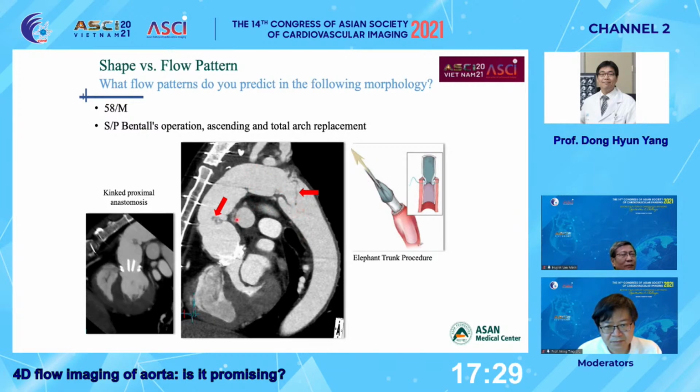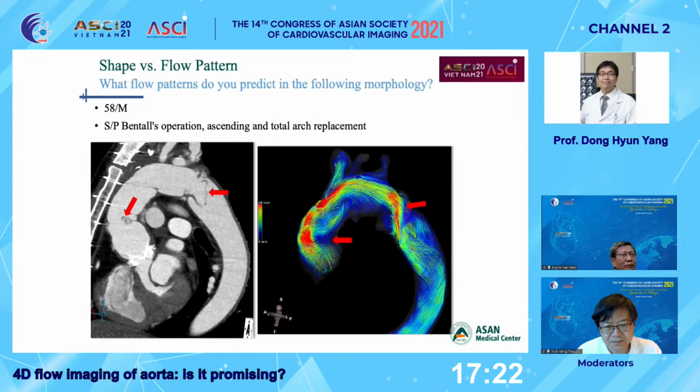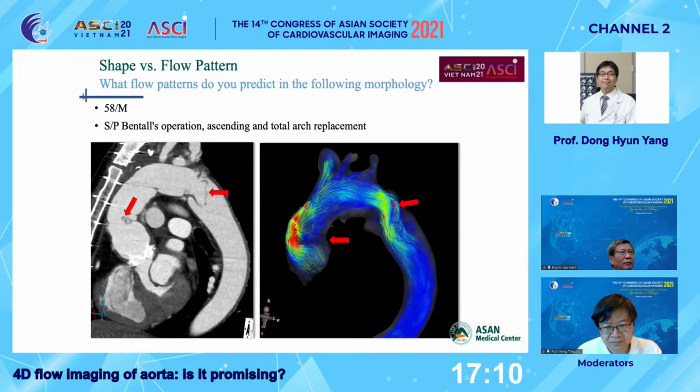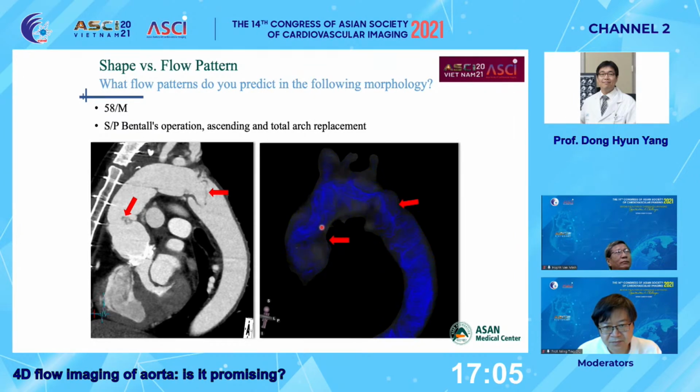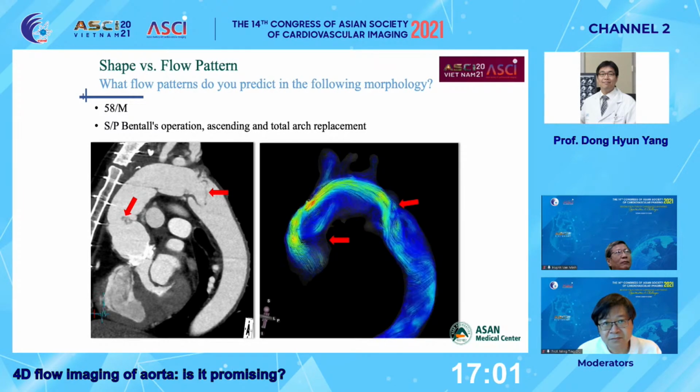Then, what flow patterns do we predict in this post-operative aorta morphology? 4D flow MRI can provide the flow pattern. You can see the flow acceleration at the proximal anastomosis site and through the elephant trunk graft. Also, there is some swirling and helical pattern of aortic flow just distal to the anastomosis site.